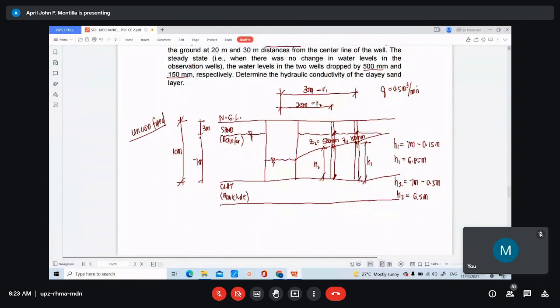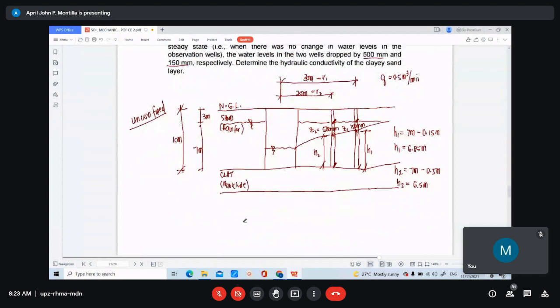Ano ba yung equation ng hydraulic conductivity for unconfined? That is K equivalent to Q ln of R1 over R2 divided by pi multiplied by H1 squared minus H2 squared. So substitution na lang yung mangyayari.